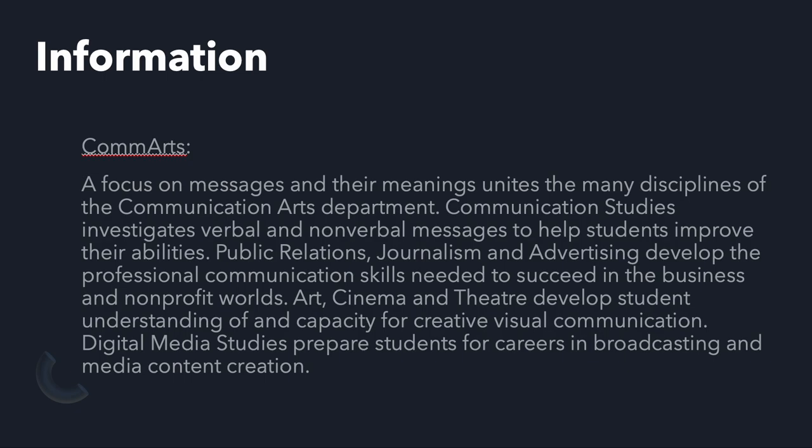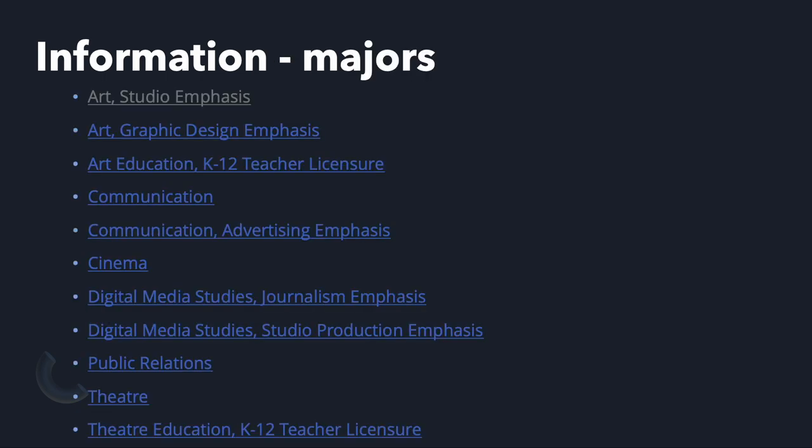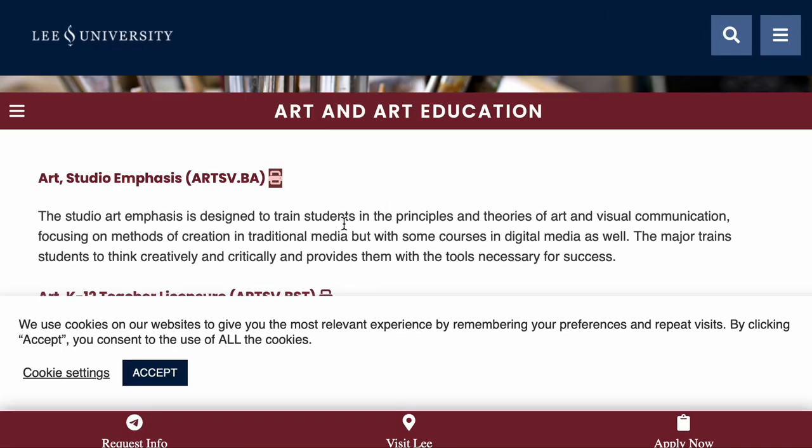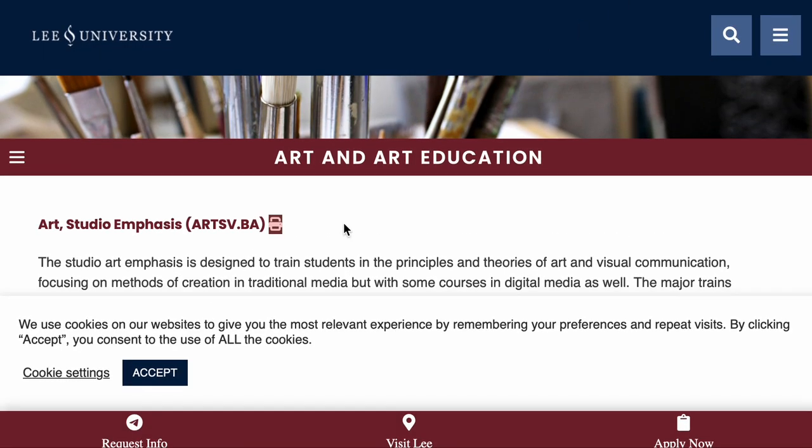Second thing is I give you information. So for instance, here we have the communication arts description. This is how we kind of briefly communicate who our whole department is. So you would have that. You would have all of the majors. So here we have all of our majors that are on campus. And these are all hyperlinks. So you would click on one of these, and here we have art and education.